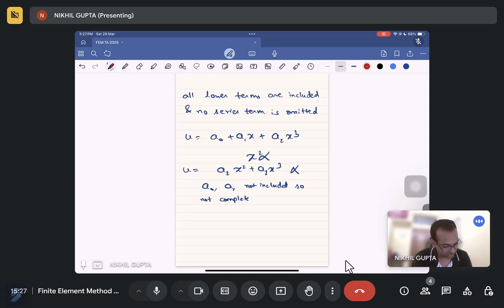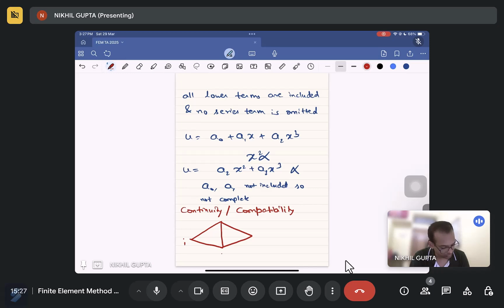Okay, this is the first condition. The next condition is continuity, or compatibility. How to check this? Let's say you have triangular elements connected like this.